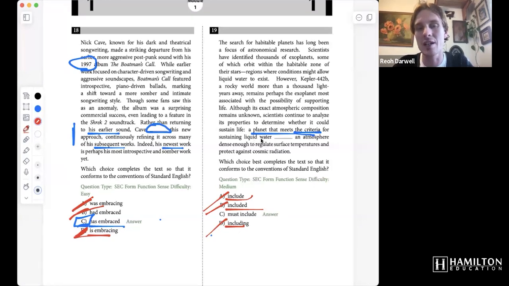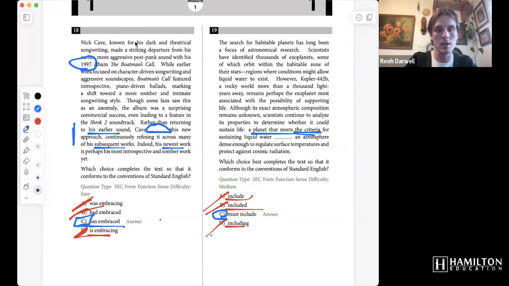If you're just saying, including an atmosphere dense enough, it might sound fine without the context, but when you fit it in the context, you see that the gerund doesn't fit. What we have here is must include. So because we can't use plural, we can't use past tense, we can't use gerund, we must resolve to C.